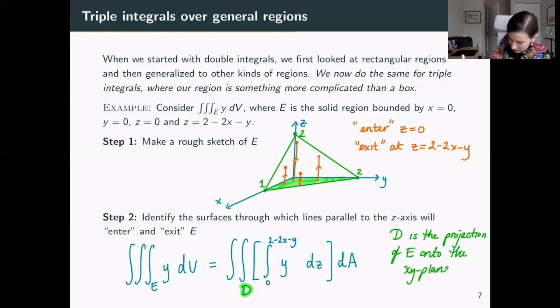And now that we've set up our integral in terms of z, we're just tasked with evaluating this double integral over a domain D.